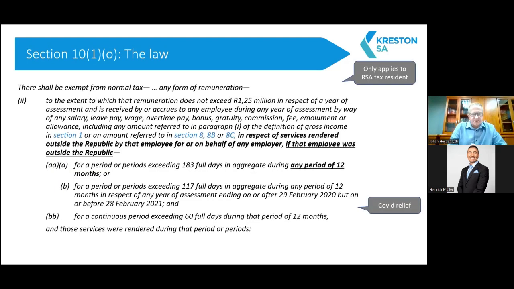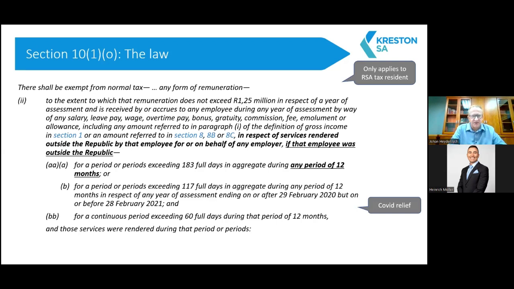All right. So let's look at what the section says. There shall be exempt from normal tax. Now remember, as we go through this, the term normal tax: income tax consists of 2 terms, normal tax and capital gains tax. So you will be exempt from normal tax, any form of remuneration. Then they expand a little bit on the remuneration.